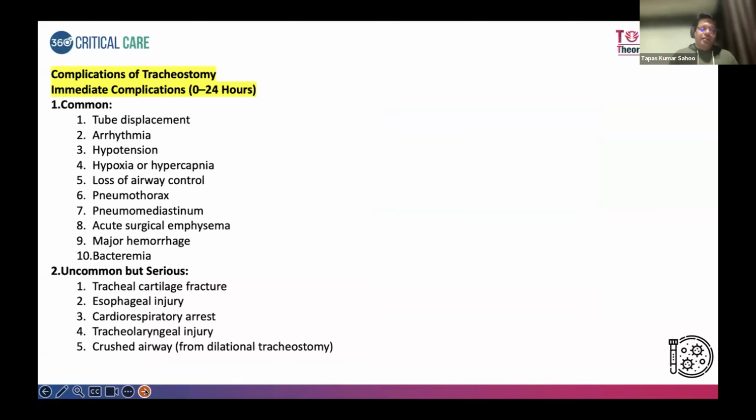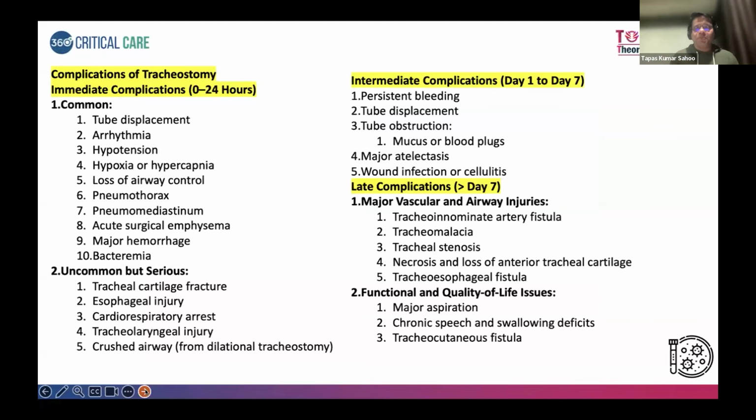Now, again, another way of answering: immediate complications, intermediate complications, late complications. Immediate complications are common, all the things that you can think about when you are doing the procedure, what can happen. Intermediate complications, from day 2 onwards, day 1 to day 7: persistent bleeding, tube obstruction, displacement, atelectasis, something like that.